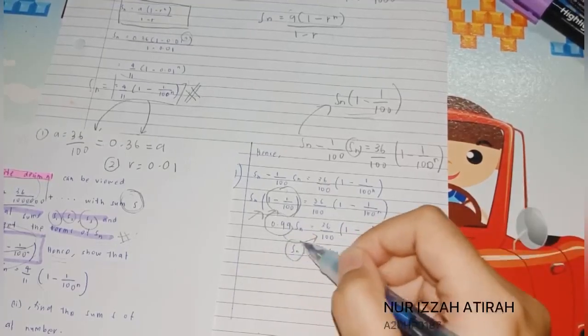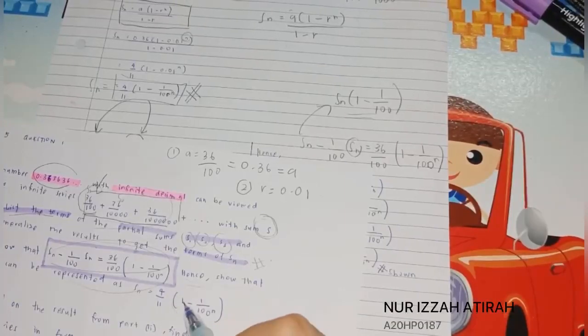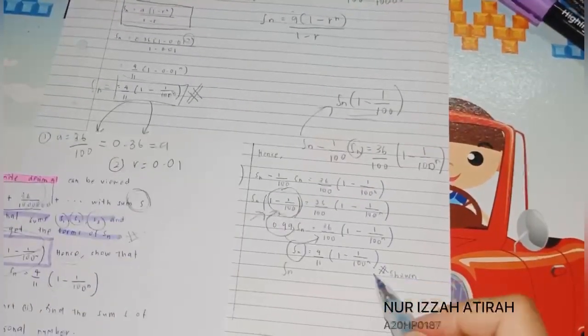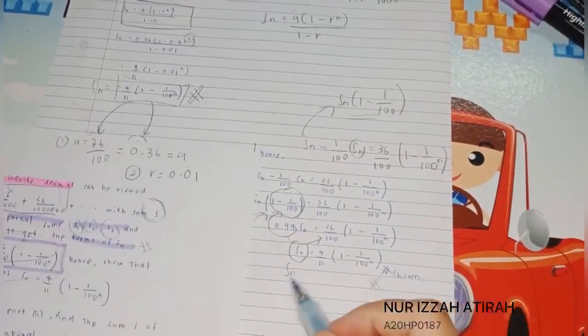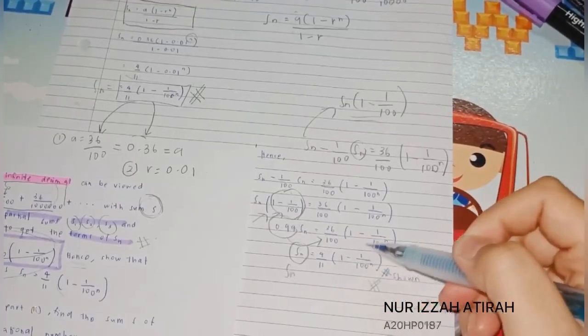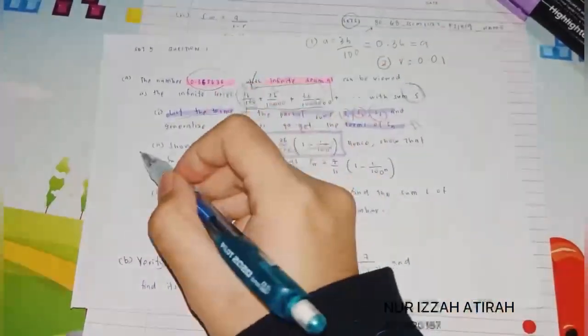We need to show that Sn is equal to 4 over 11 multiplied by 1 minus 1 over 100 to the power of n. If we get this answer, it means we already show that Sn is equal to 4 over 11 multiplied by 1 minus 1 over 100 to the power of n. Okay, this settles.